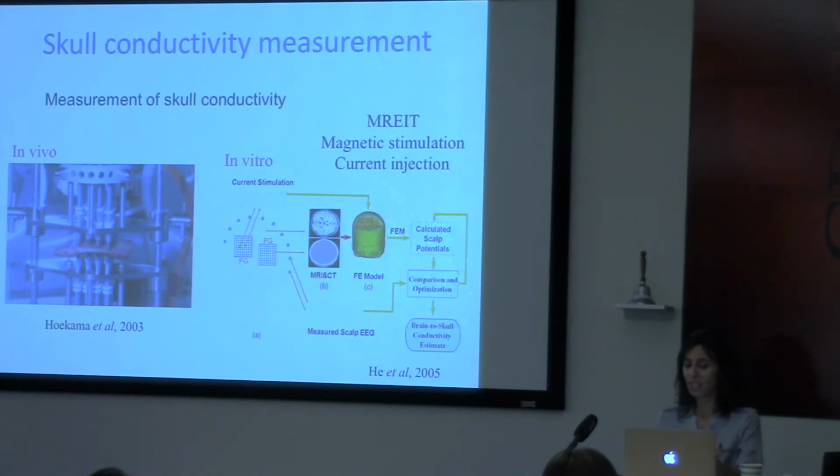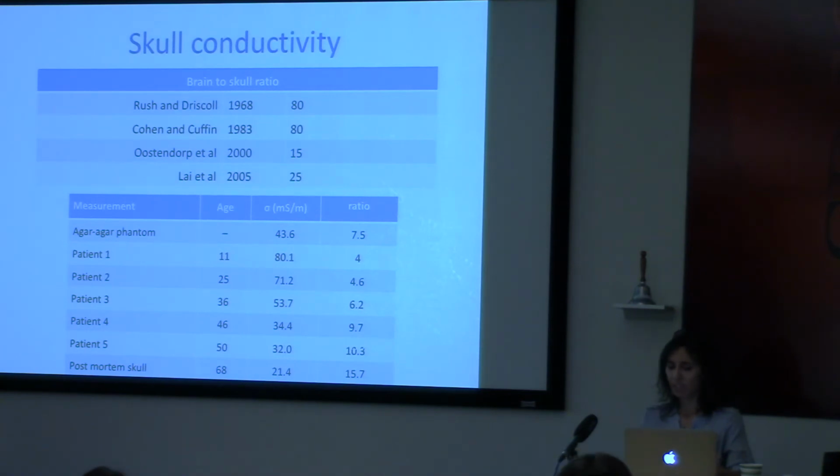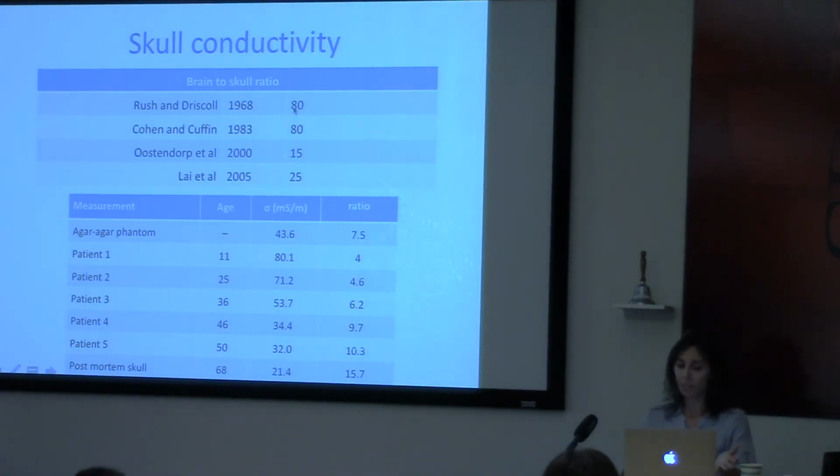So here are 2 examples of measurement methods, and even using different frequencies in measurement would give different conductivity results. And when we look in the literature, in the 1960s, 1970s, the brain to skull conductivity ratio was 80, and we used 80 for a really long time.